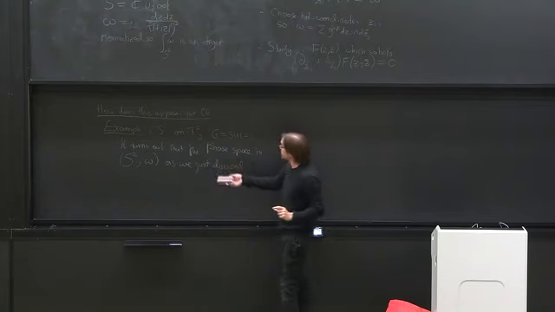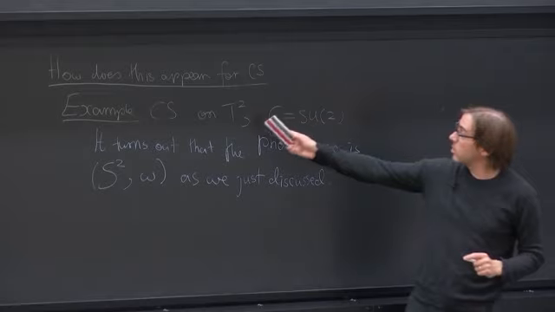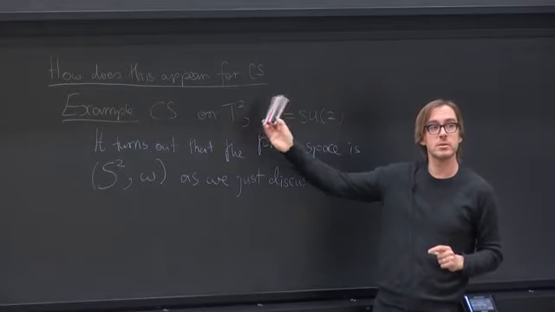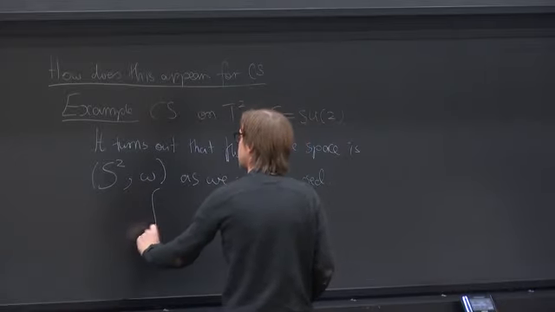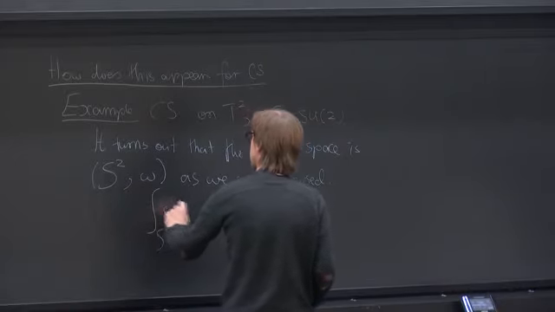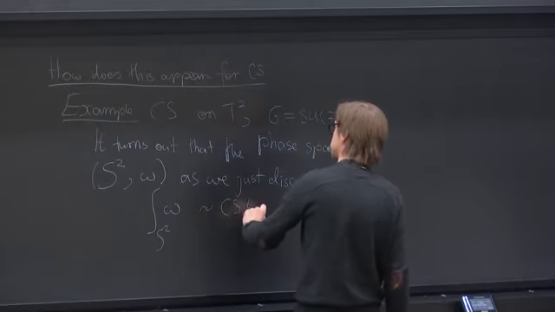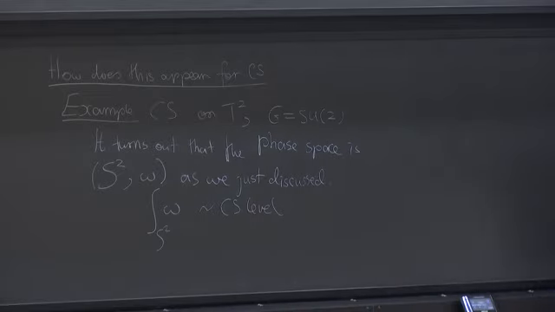So in other words, because of this example we just computed, we now also know how to compute the Hilbert space for Chern-Simons theory on the two torus for the group SU2. And the integral over S2 of omega is related to the Chern-Simons level. So let me just try and say this very briefly.